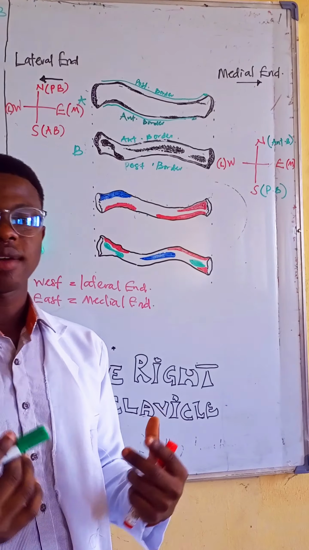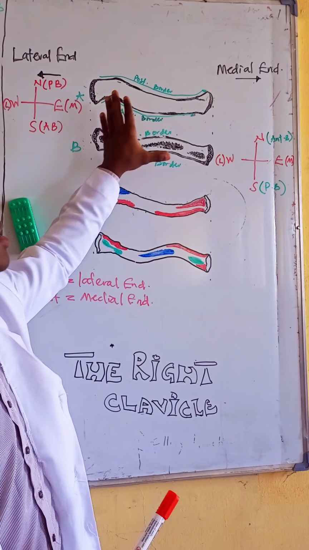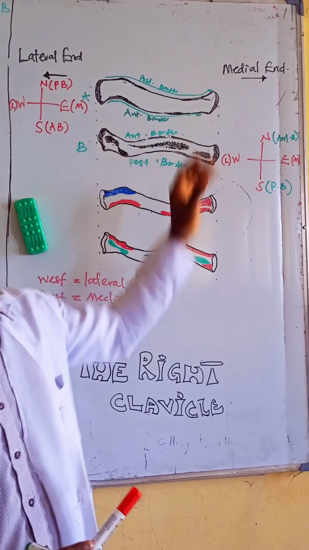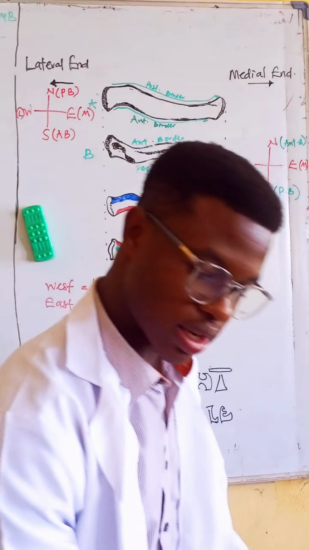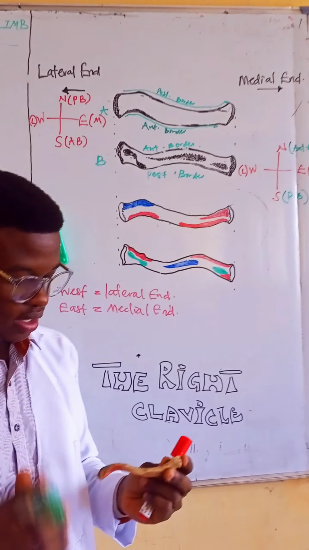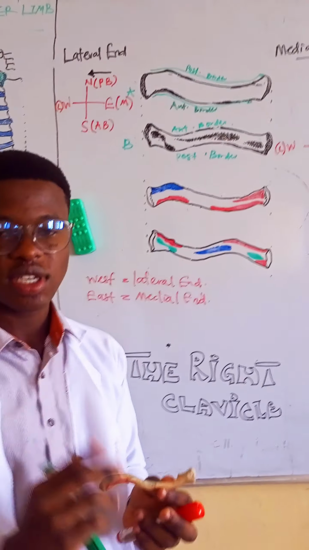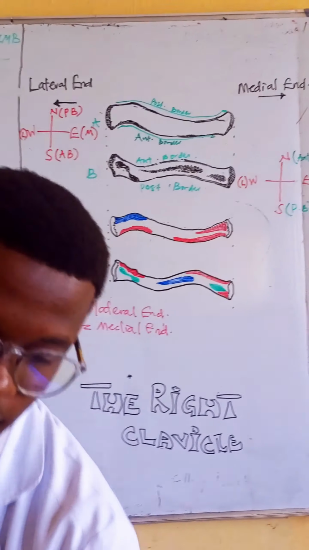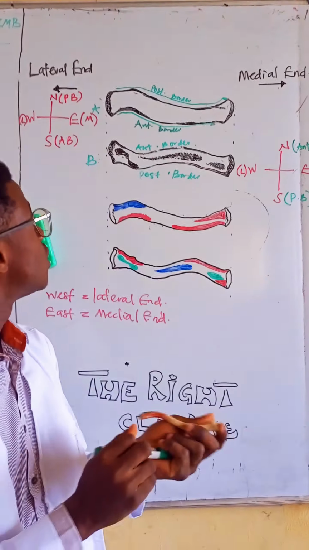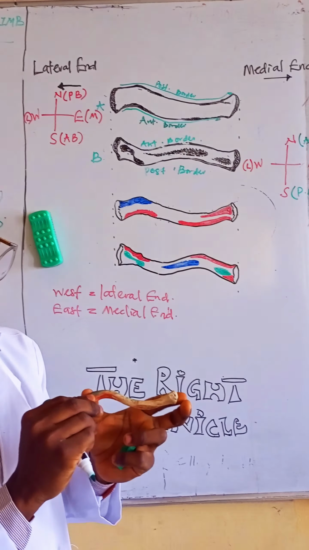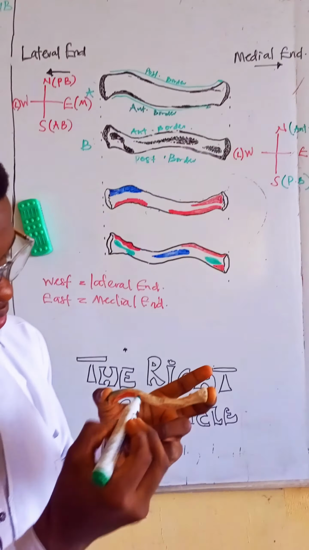Now let's determine if this is actually the right clavicle. So a clavicle is divided into three equal parts. Three equal parts. Now, what do I mean?